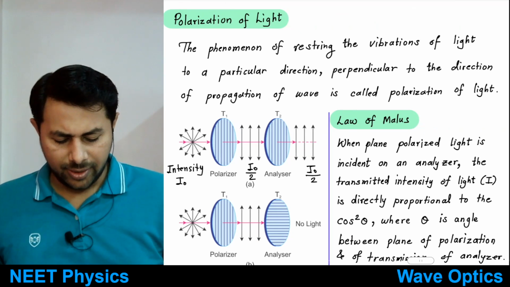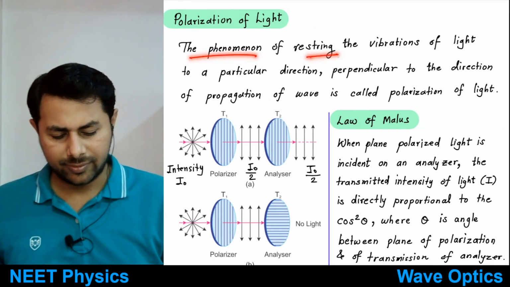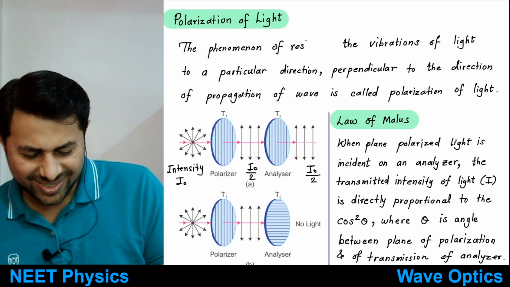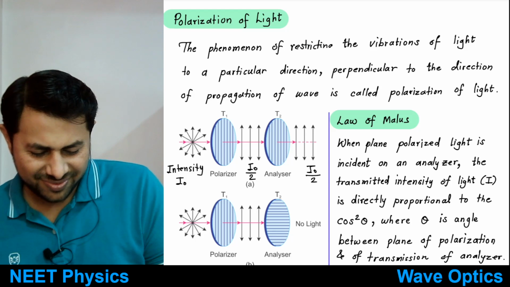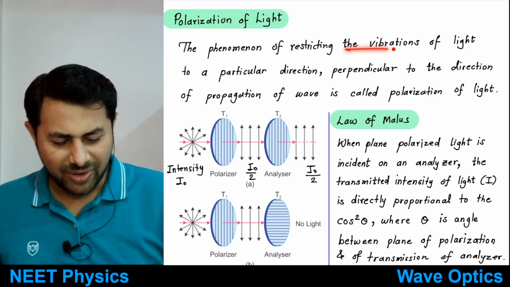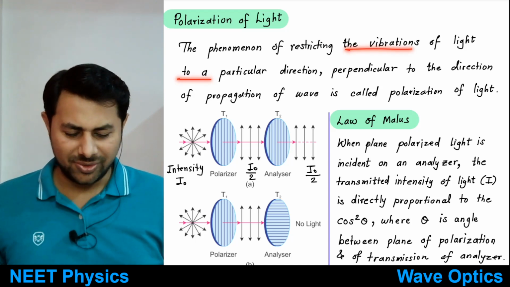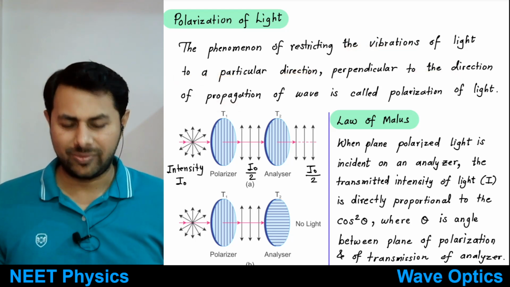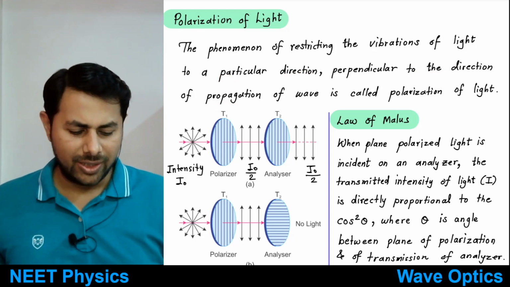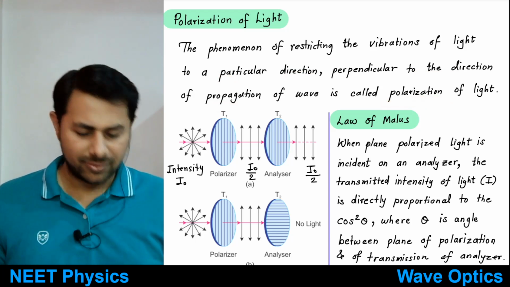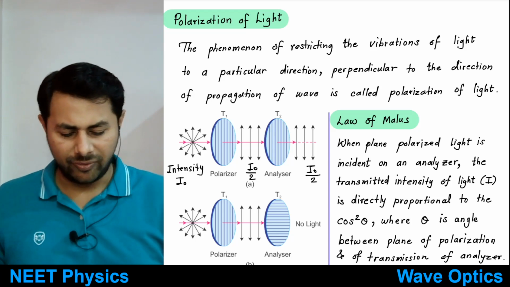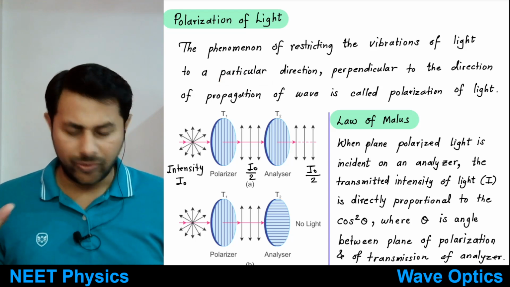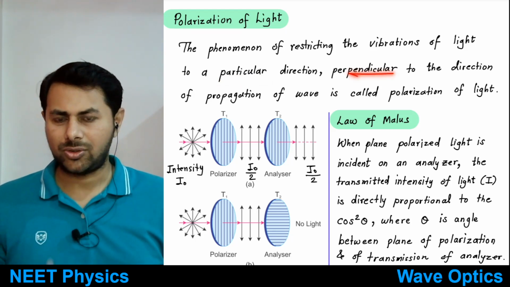It is the phenomenon of restricting the vibrations of light to a particular direction perpendicular to the direction of propagation of the wave. Restricting the vibrations of the electric field, you can say, to only one direction perpendicular to the direction of propagation.